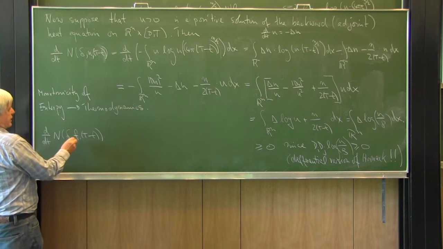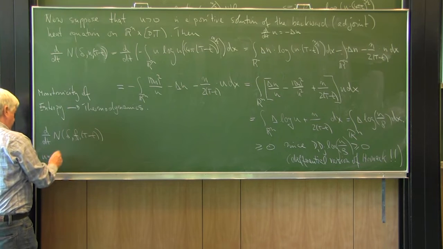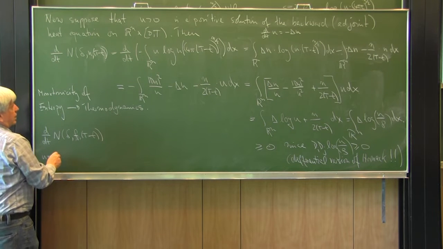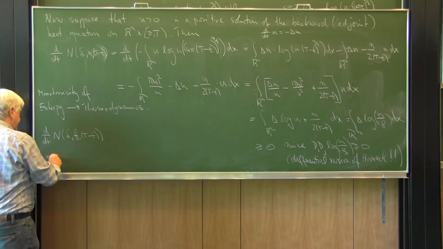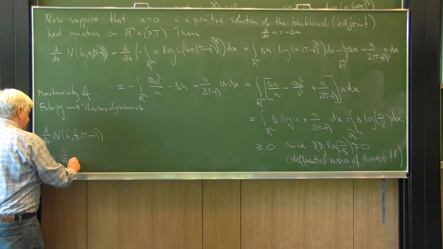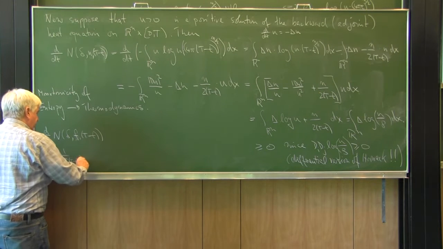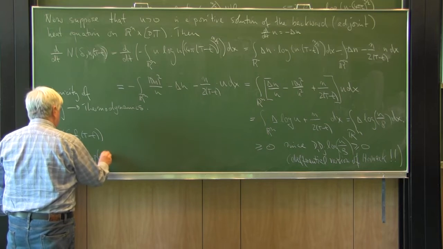The relation between this f and this u, in this rescaled case, is that u equals 1 over (4 pi (T minus t)) to the n over 2, e to the minus f.